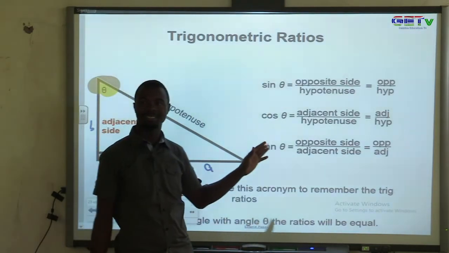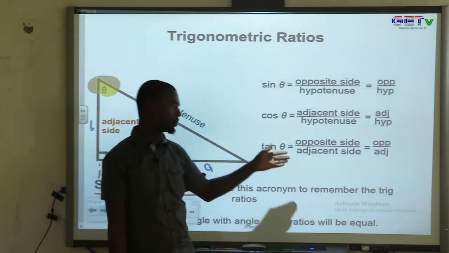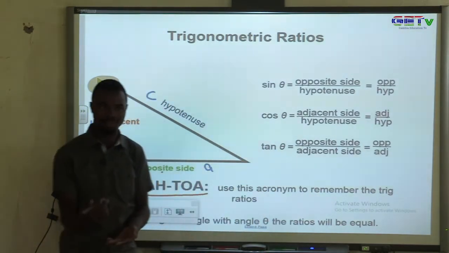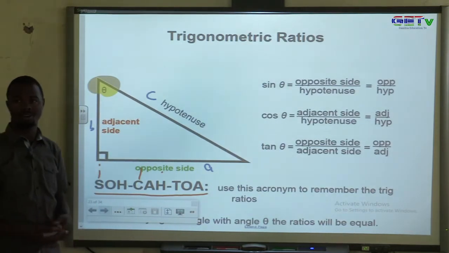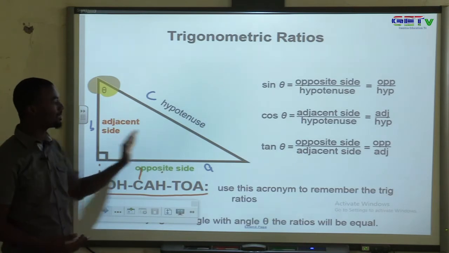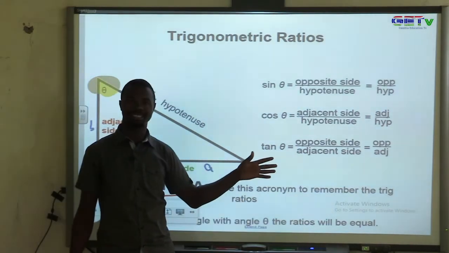Cos theta is adjacent over hypotenuse. That is the other side of the right angle triangle, the adjacent side all over the hypotenuse. Then the last one is tan theta.